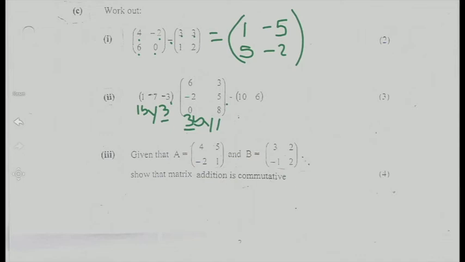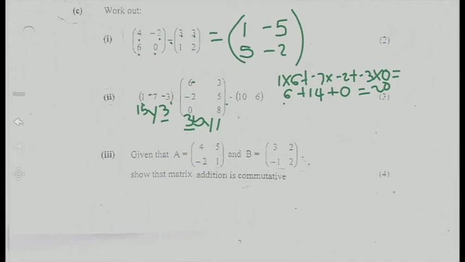So we have 1 times 7 plus 1 times 6 plus negative 7 times negative 2 plus negative 3 times 0. This gives us 6 here, 14 here, 0. So 6 plus 14 is equal to 20.